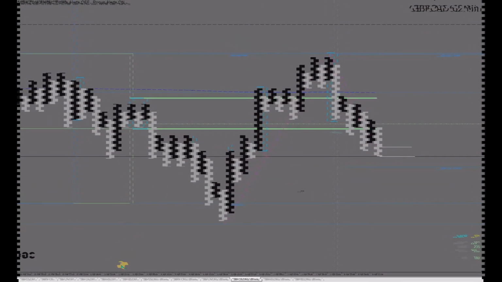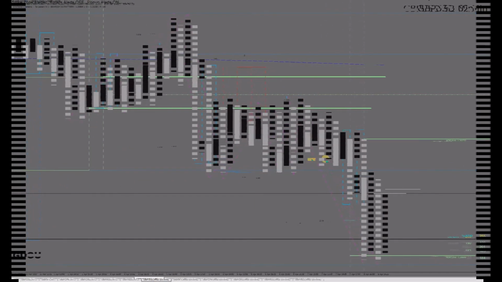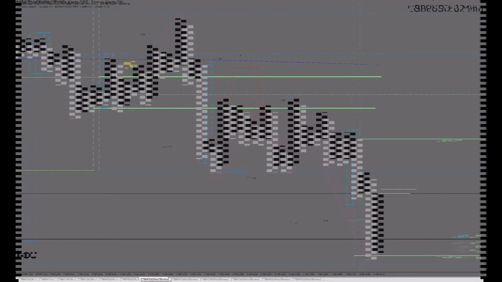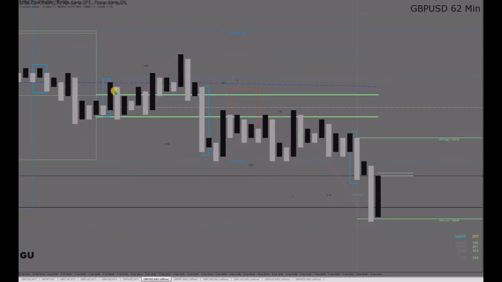So let's just do a quick rundown. We're here on Monday, and we're looking at last week's high and last week's low, right? We want to make sure that we place our trades, or we're looking for the weekly trap, right?